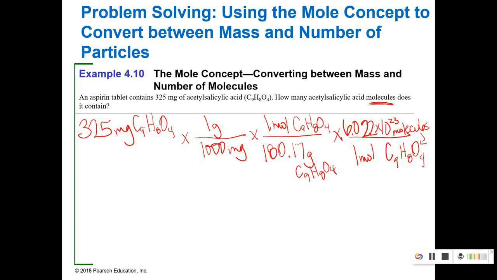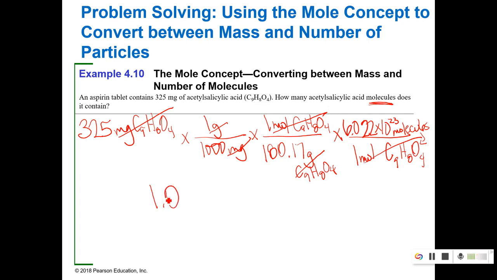Okay, now that we're at molecules, remember we need to cross out units that can cancel. I do 325 divided by 1,000 divided by 180.17 times 6.022. Don't forget to use E, 23.